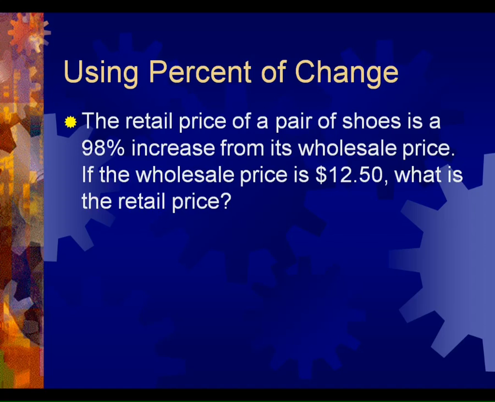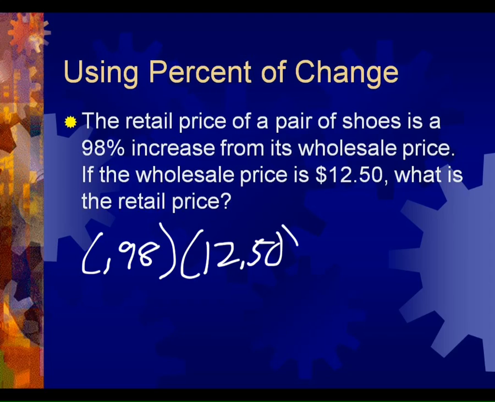So I need to do a 98% increase of this. So I'm going to find 98% of $12.50 using multiplication: 0.98 times $12.50. So that's how much the price of these shoes went up.